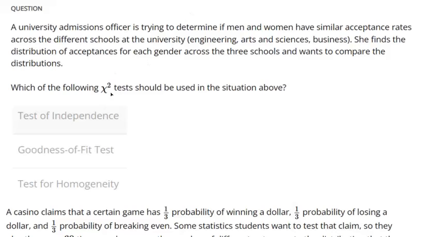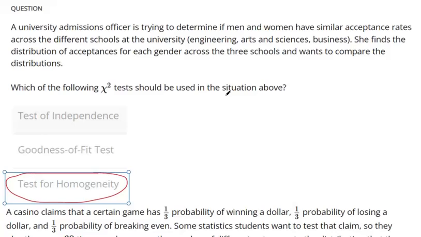Okay, but you're probably here for me to just get some examples in, so let's jump into it. University admissions officers trying to determine if men and women have similar acceptance rates. Okay, so they were testing to see whether the rates of two different groups are the same. So that's where the homo part in homogeneity comes from, being the same. Men and women having similar acceptance rates.